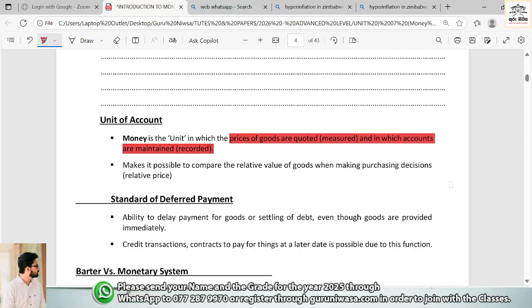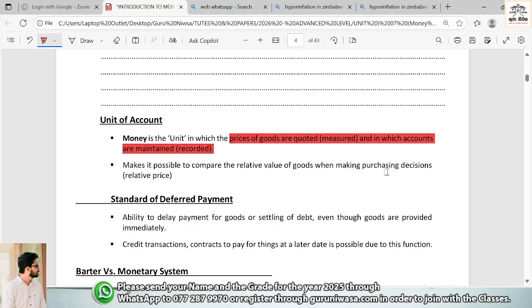The last one is a very important one. Standard of deferred payment means delaying payments. When you take a loan, you don't tell the bank, I'll pay this loan in 10 years with jewellery, or with something else. You say you'll pay in cash, money. I'll settle my loan in cash in the future, after 2 years or after 1 month.